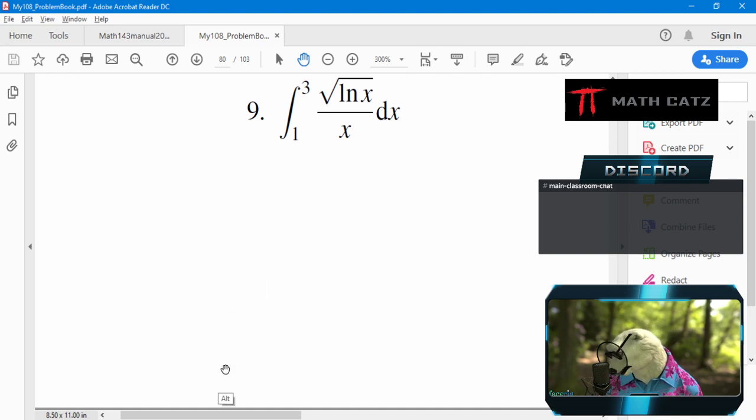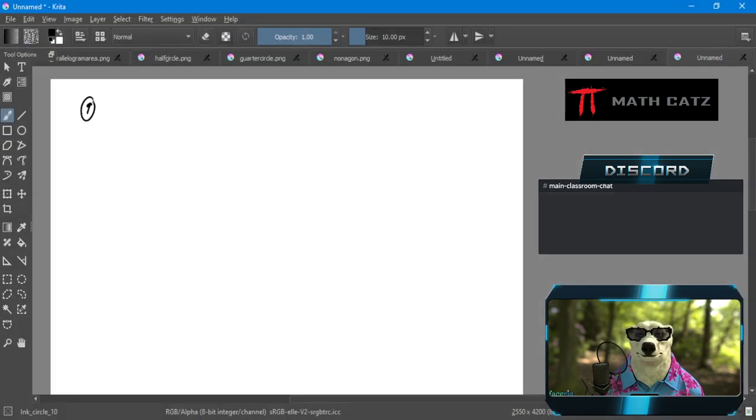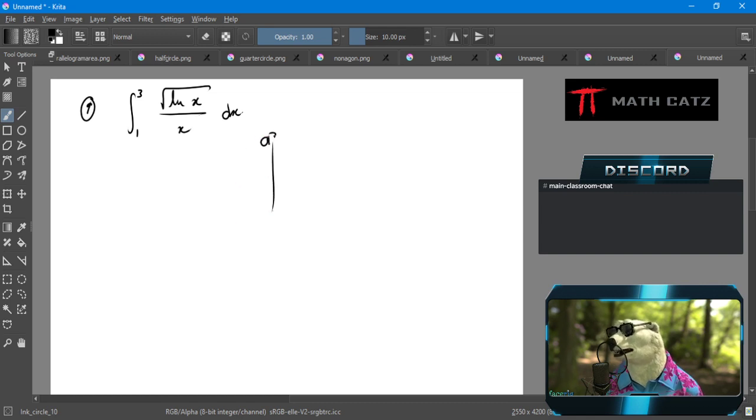Why not? Number 9. Root of log of x over x, and my integral is 1 to 3. All right. So now I can choose. So let's do them again, side by side. And remember, we're only choosing one. Know your options. Choose which one you are most comfortable with.